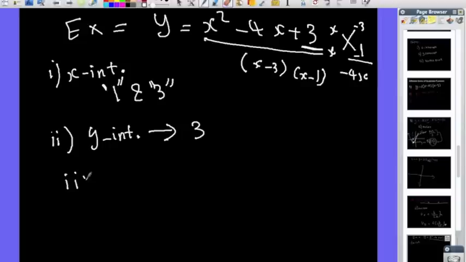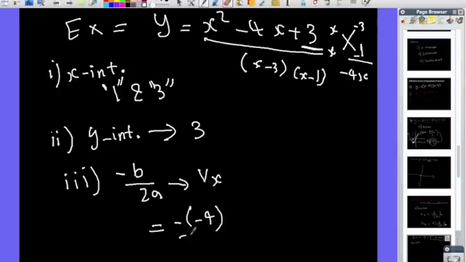And for the vertex points, if you follow the formula, which is negative b by 2a, you'll be left with negative negative 4 and 2 times 1, so you would be left with 4 by 2.